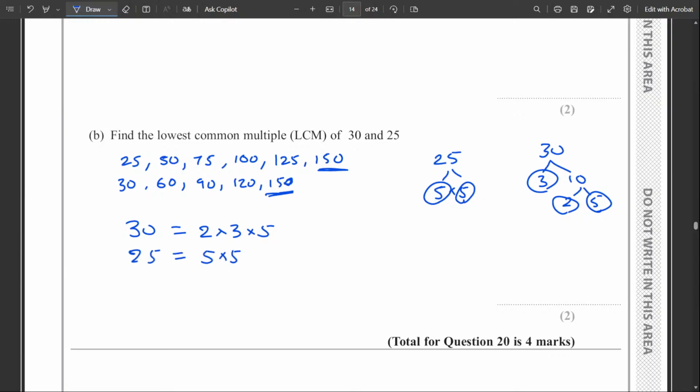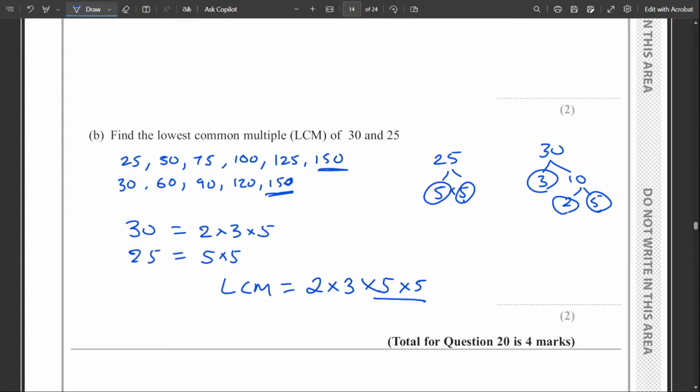You can use this method using product of prime factors. So if I wanted to make the lowest common multiple, I have to write one of the numbers, 2 times 3 times 5. So I can make 30 using these three, but I should be able to make 25 as well. And to make 25, I need another 5. So that's why I have to add another 5.